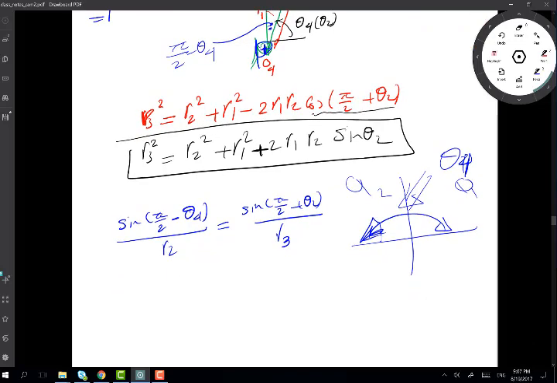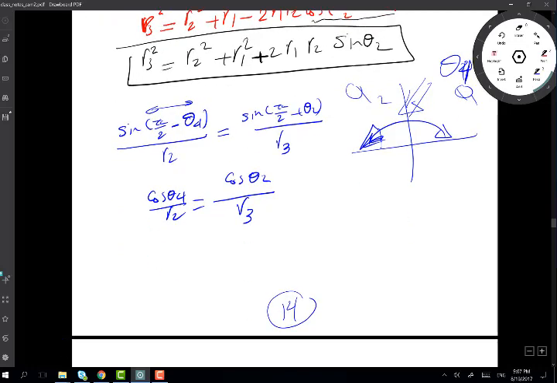All right, so when I expand this, I get sine 90 cosine theta 4. So this will give me cosine theta 4 over R2 being equal to, again, sine 90 cosine theta 2 over R3, and hence cosine theta 4 will be equal to R2 over R3 cosine theta 2.